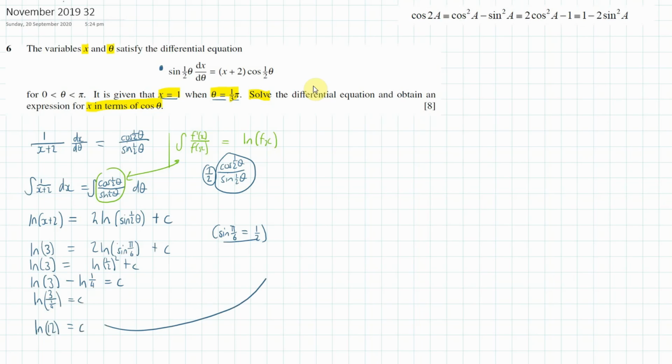Okay, now let's carry on over here. We're going to obtain an expression of x in terms of cosine theta. So, what have we got? We've got ln x plus 2 equals 2 ln sine half theta plus ln 12.